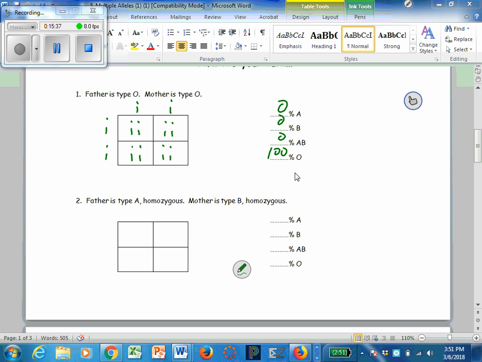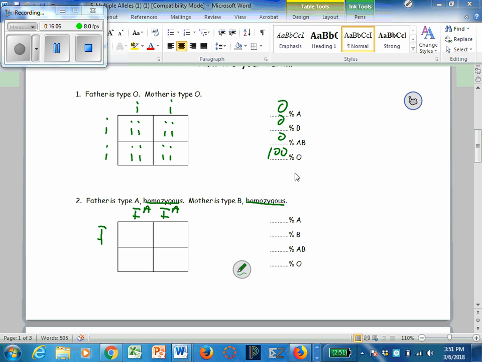And that's a problem. Father is type A, homozygous. So go back to your chart, and a homozygous A individual is IA, IA. Both of their alleles are A. The mother is type B, homozygous. Remember, there's two ways to be type A, either homozygous or heterozygous, and two ways to be type B, homozygous or heterozygous.